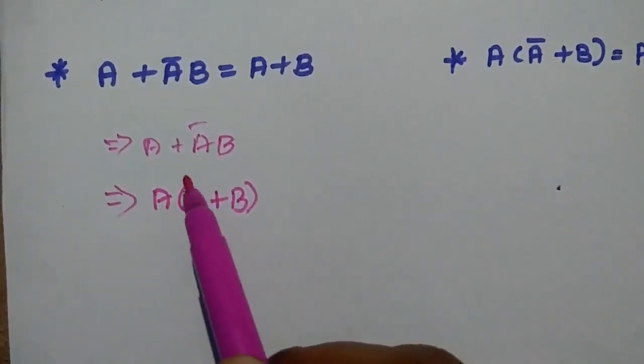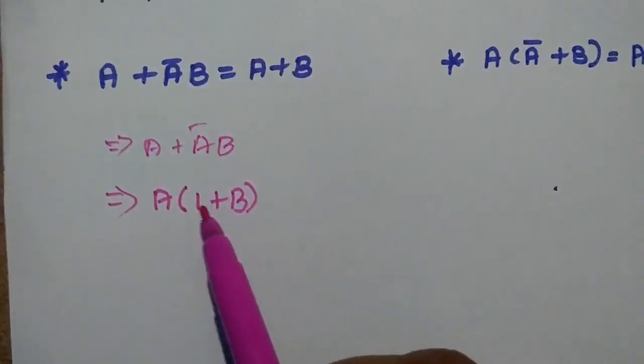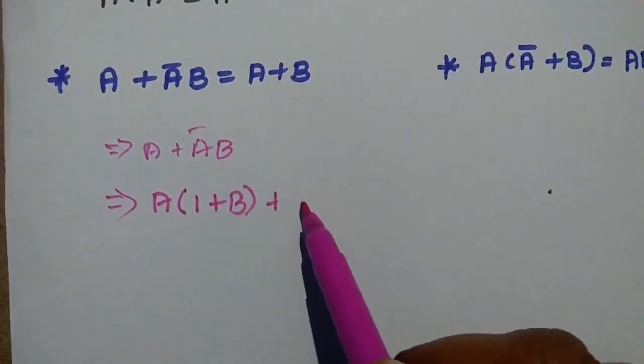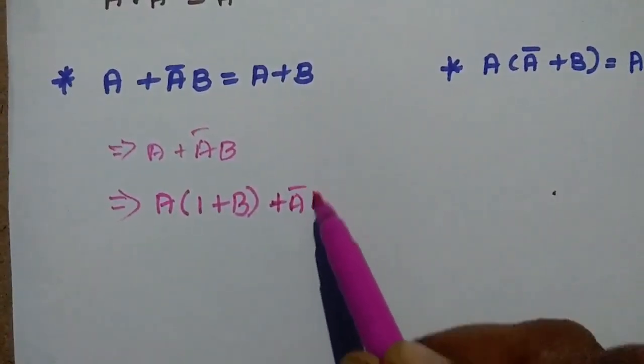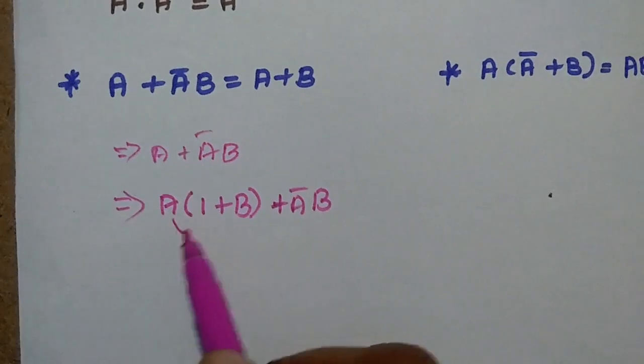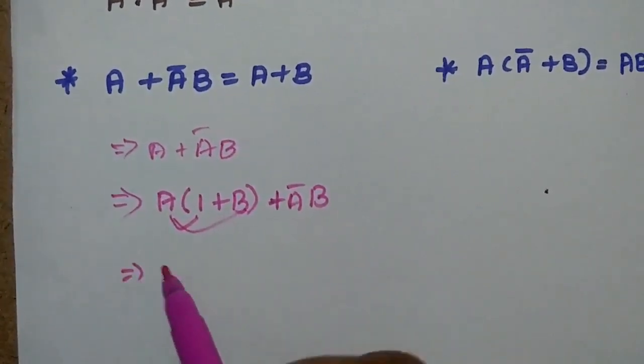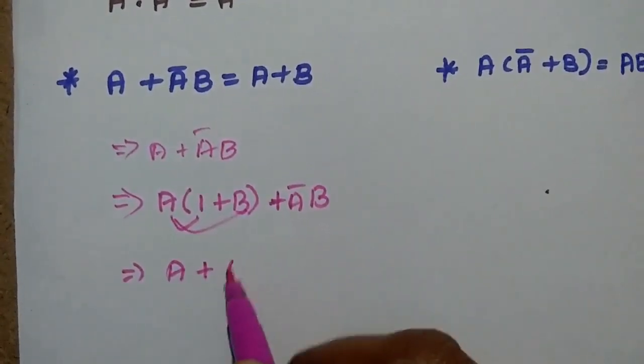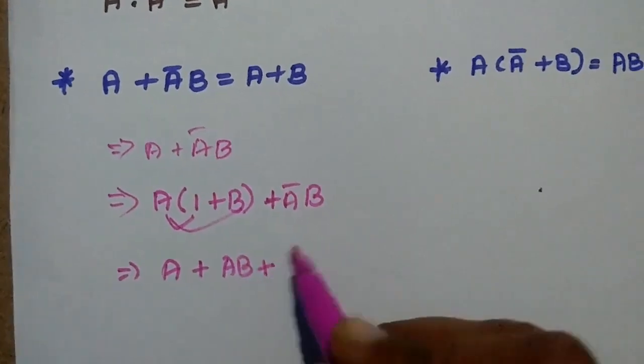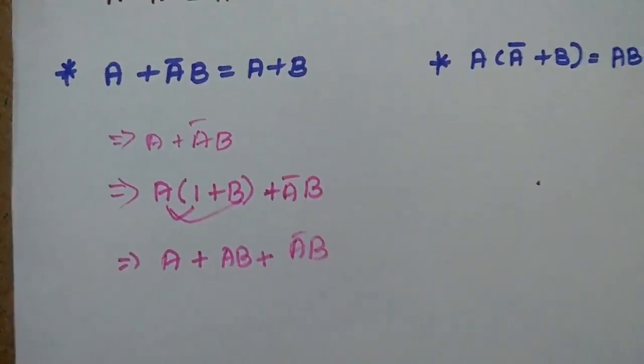So a is multiplied with 1. That 1 can be written as 1 plus b. And here this value is a bar b. Next we can multiply inside this. We can get a plus ab plus a bar b.